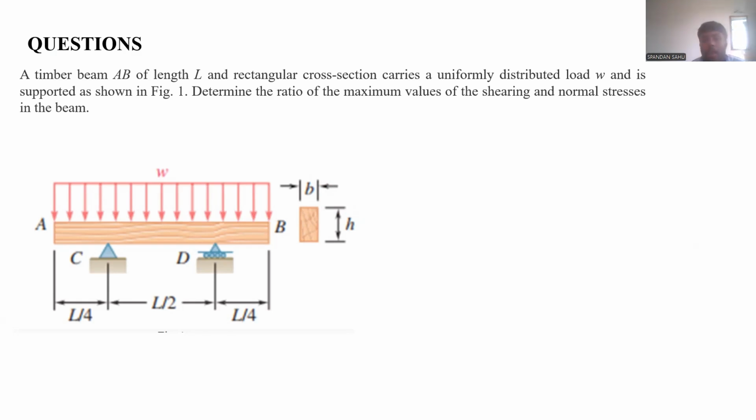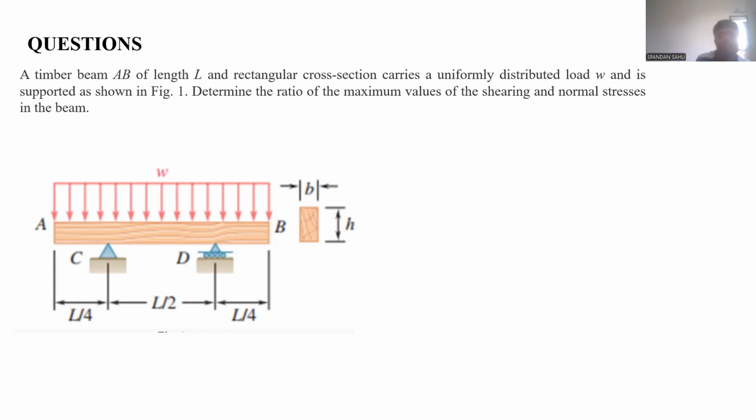And in between that, there are two supports, one at C, which is a hinge support, and one at D, which is a roller support, respectively. And the entire span of the beam is loaded with a UDL of intensity W. Correct?